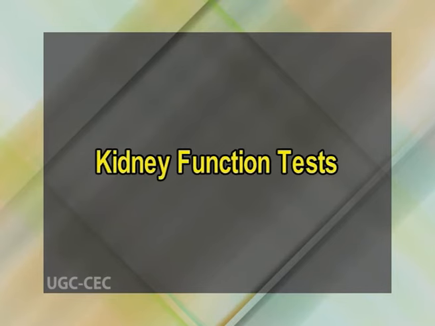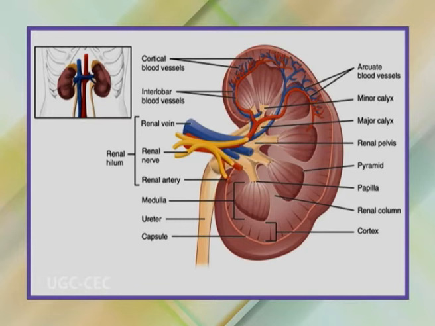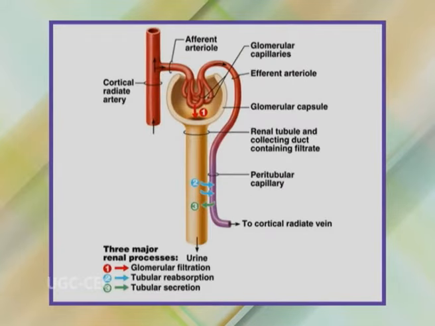Now we will study about kidney function tests, that is another part of our lecture. The main function of the kidney is excretion of water soluble waste products from our body. The kidney has various functions like filtration, excretion and secretory functions.